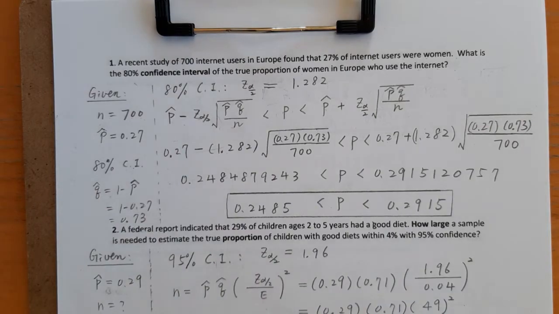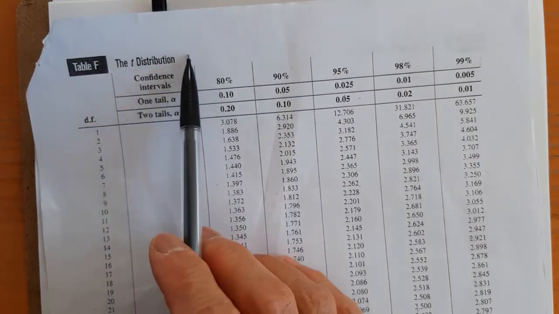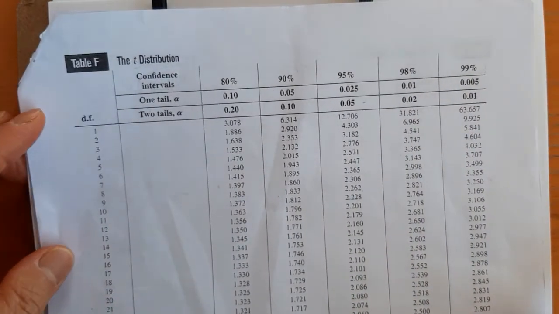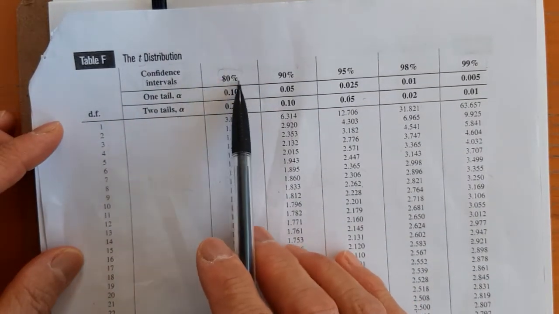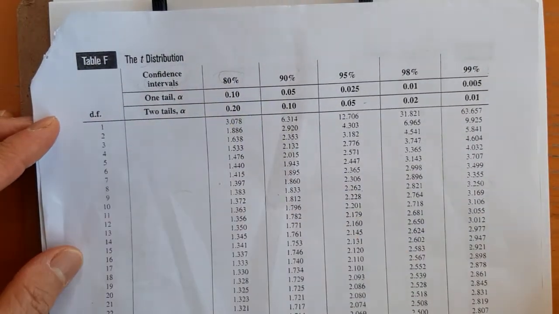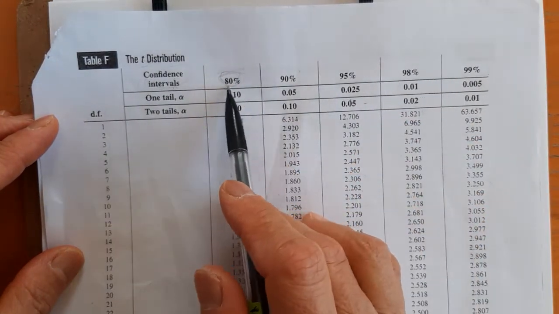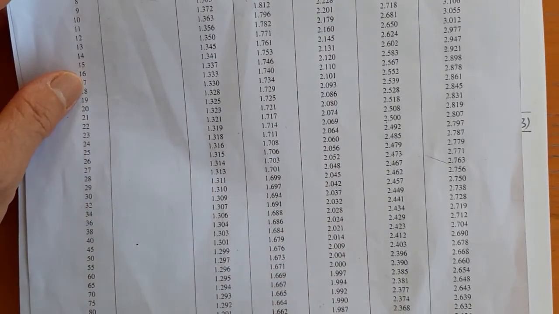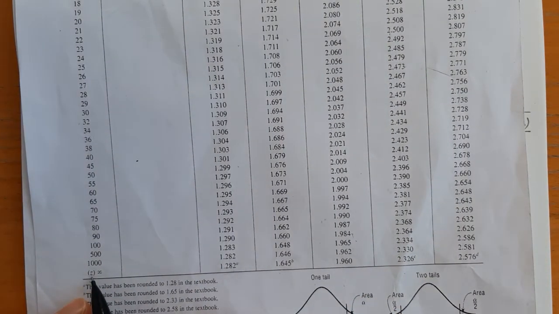For the 80% confidence interval, you can use this table. This is a T distribution table. You look for 80% confidence, and then you go down to the bottom row, which is a Z score.